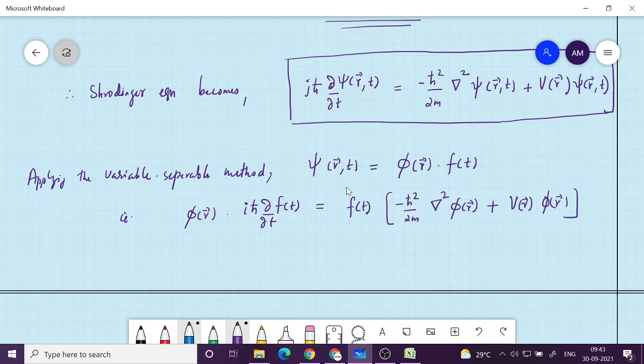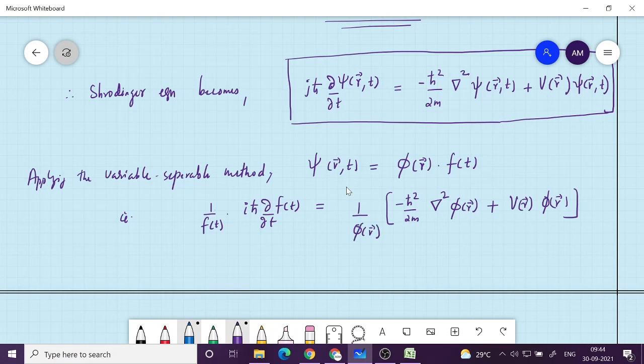Now if I divide both sides by psi of r comma t, which is the product of phi and f, the left side will have a 1 by f of t, and on the right side f of t will be cancelled and you will get 1 by phi of r.